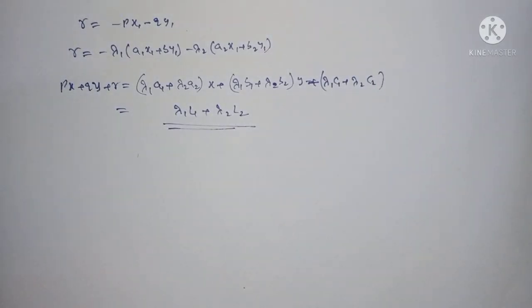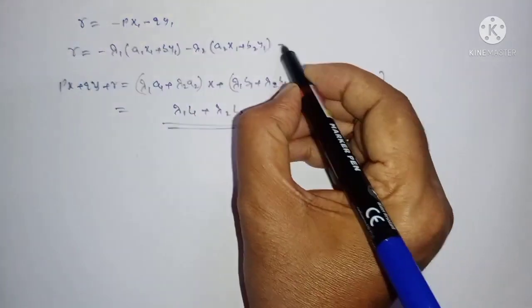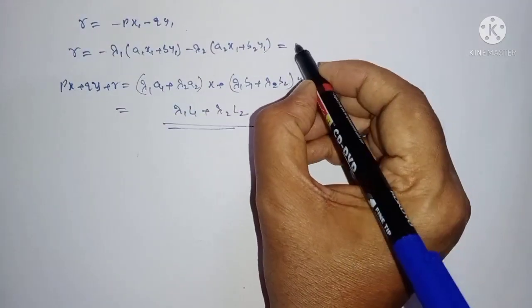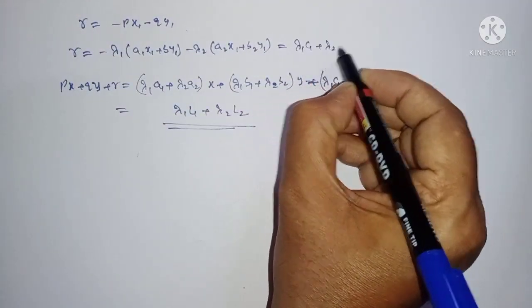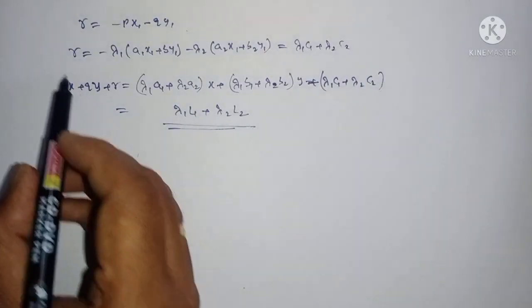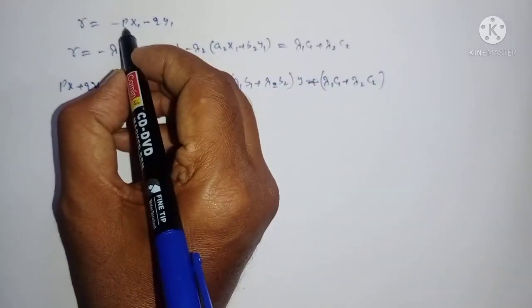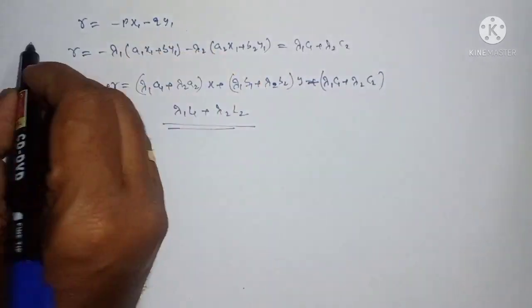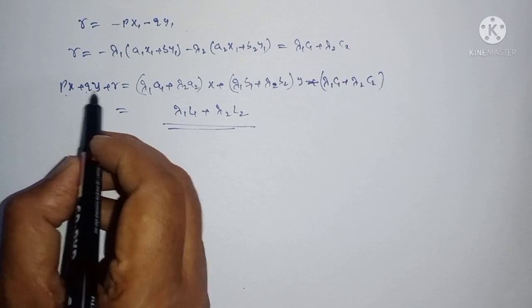This is the form of r, which you can write as lambda 1 c1 plus lambda 2 c2 only. You can bring all this to this side. What happened? That is the form of r is equal to minus p x1 minus q y1. Therefore bring all this to this side. You can get px plus qy plus r is equal to 0.